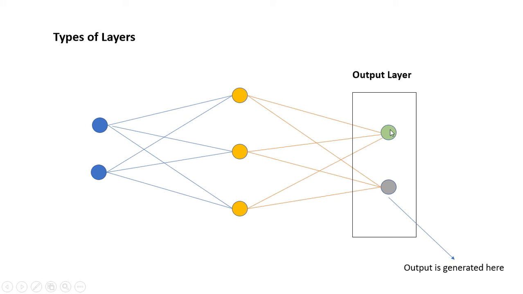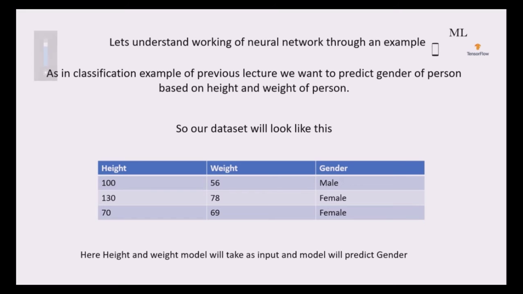If this neuron represents male and this one represents female, then if we get a larger value for the male neuron, the output will be male. Similarly, if we get a larger value for the female neuron, the output will be female for that data. So hopefully you get the idea that input is passed to the input layer, then pattern finding is done in the hidden layers, then we get our output at the output layer.